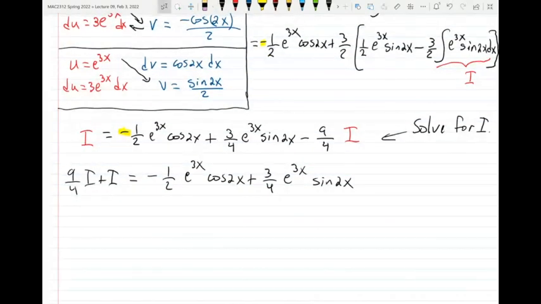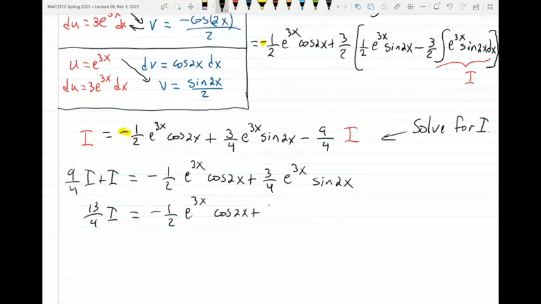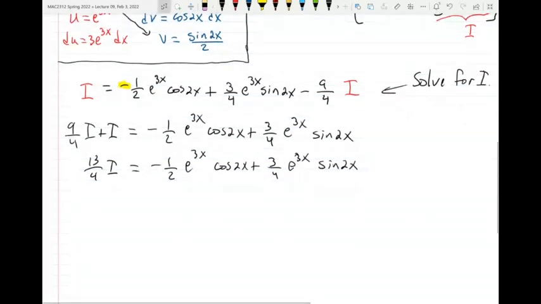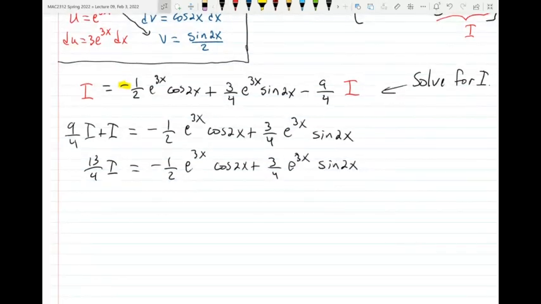Combine on the left. So what is this? 4/4, 9 plus 4, that's 13. So you get 13/4 I equals 3x times sine of 2x. And then finally, multiply by 4/13. Like multiply by 4 and then divide by 13.